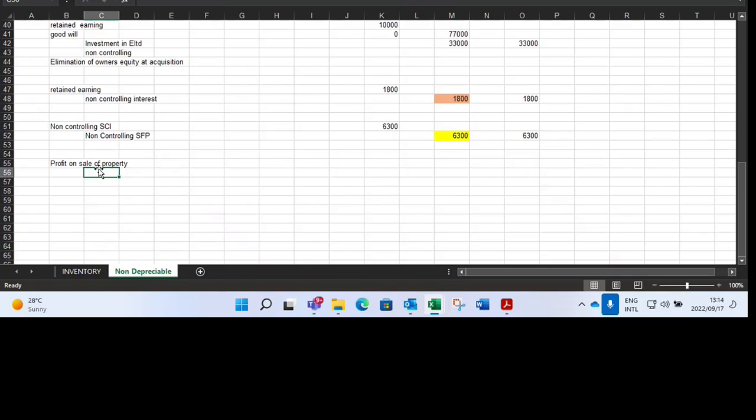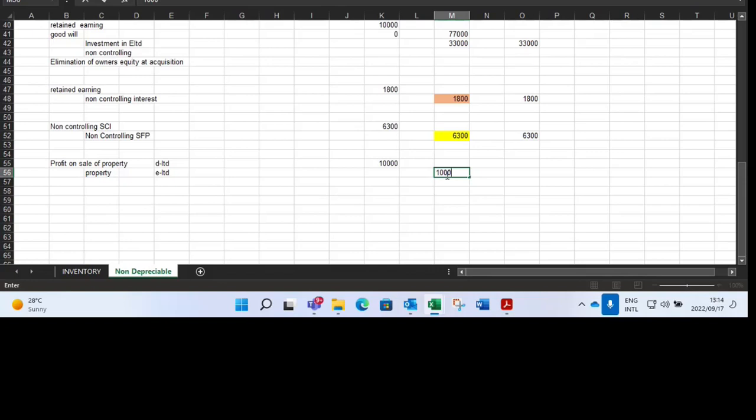It's going to reduce the property itself. So the profit that was realized by D Limited was how much? It was 10,000. So we take it off here, 10,000, and then on the credit, 10,000.